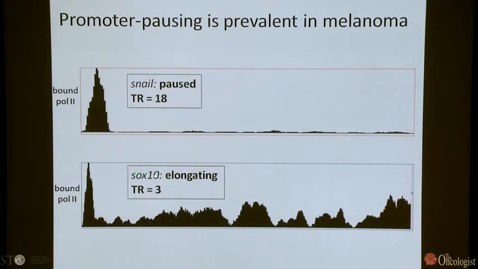Whereas if you look at a gene like SOX10, an important neural crest transcription factor, the traveling ratio is 3. There's tons of POL2 in the promoter of the gene, but also tons of POL2 in the body of the gene. I think this has been, for a number of years, a very obvious mechanism by which cells adopt different fates, because they are poised for transcription by binding lots of POL2 in the promoter and then pausing right past the promoter site, called promoter proximal pausing.